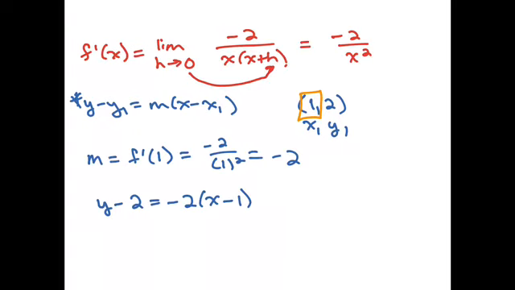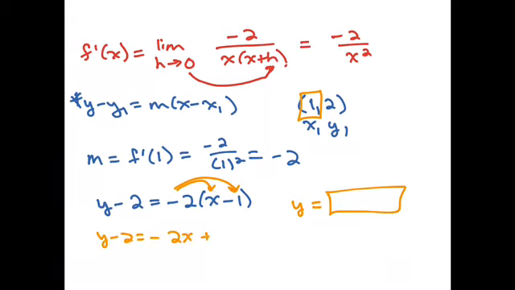Now in WebAssign, you'll tend to notice it gives you y equals and then a box for the answer. So you have to solve for y. So I have to distribute the -2, and I get y minus 2 is -2x plus 2. Then add this 2 to both sides, and my answer becomes y equals -2x plus 4.